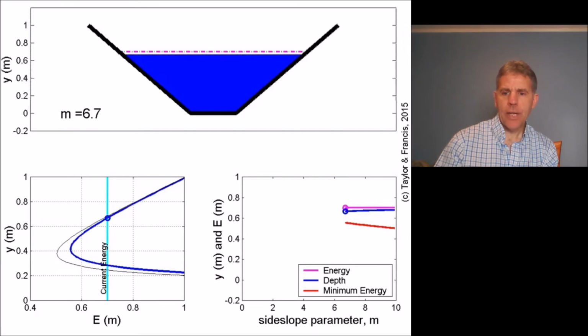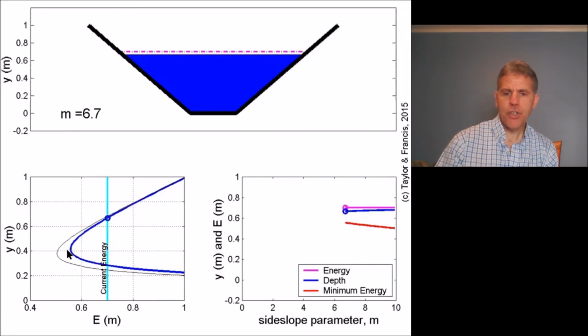And then over here on the lower right, you can see that we have three traces. The magenta at the top is the energy in the channel. Initially it was 0.7 and it will stay 0.7 until the choke takes place. The depth will change very slightly with time because of the shift in the EY diagram, not unlike when a constriction takes place.